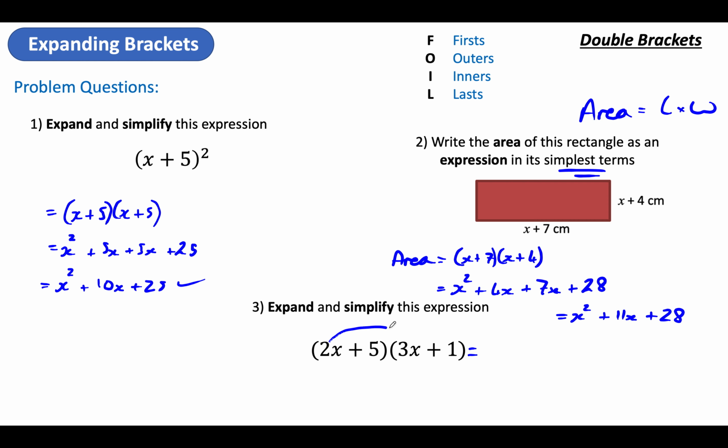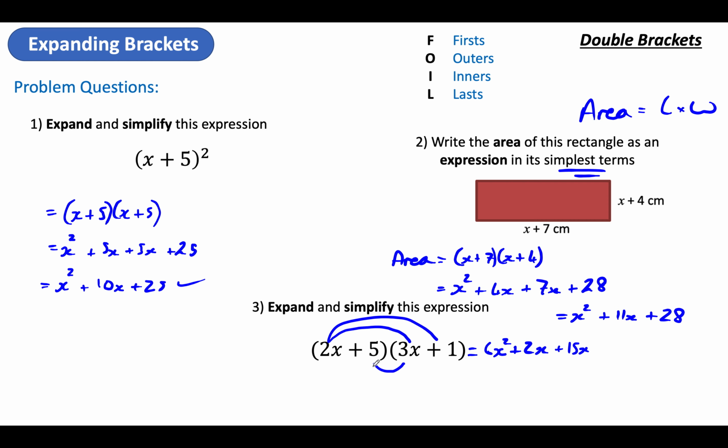So firsts, 2x times 3x. Think about right at the start, 2x times 3x. Well, 2 times 3 is 6. X times x is x squared. Outers. So 2x times by the 1. Well, that will just be 2x. Inners. 5 times by the 3x. Well, 5 lots of 3x is 15x.